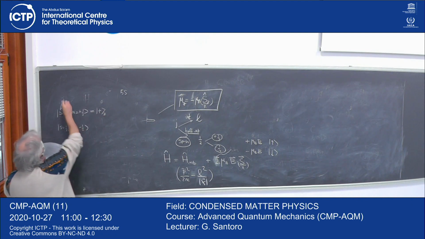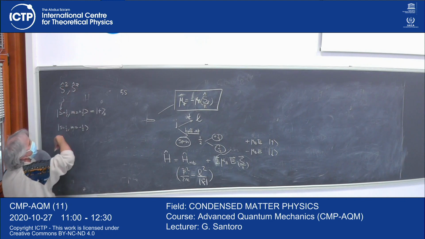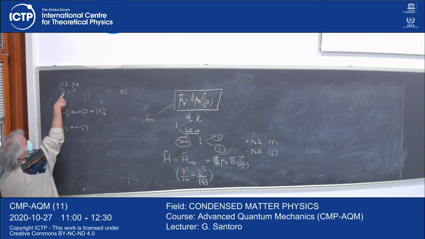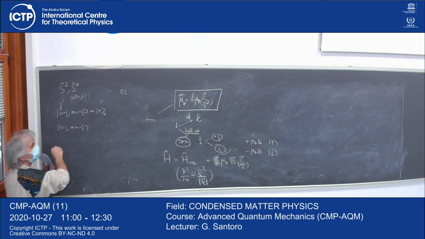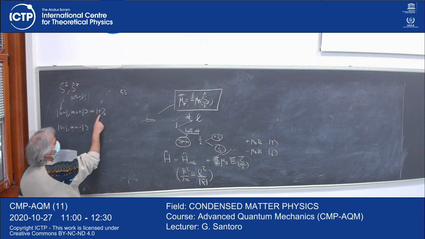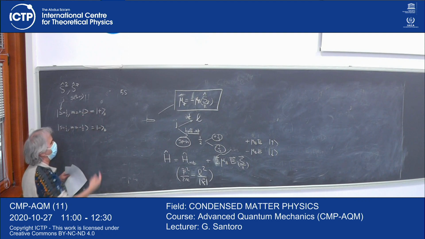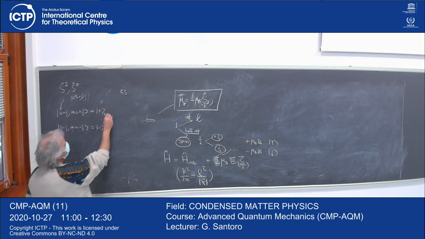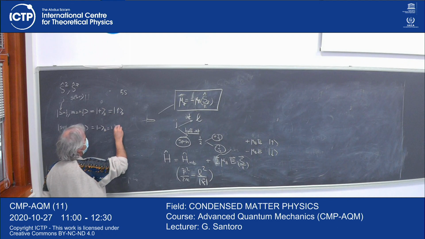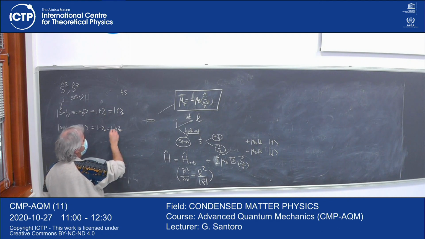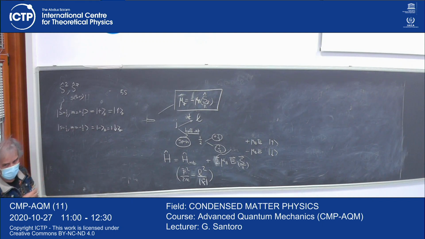Remember that these are eigenstates of S squared and Sz, with eigenvalue plus or minus 1/2, and for S squared with eigenvalue s(s+1). So I call them plus z and minus z, meaning plus 1/2, minus 1/2. Sometimes I will also indicate them by up or down.